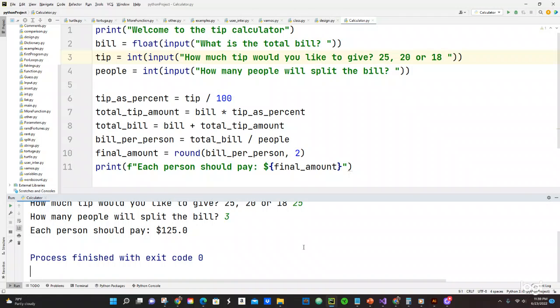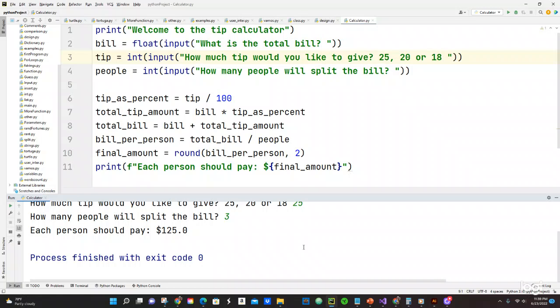So it'll be 125. If you do the math in your calculator, it will give you that amount. If you multiply 125 times 3, it should give us $375.